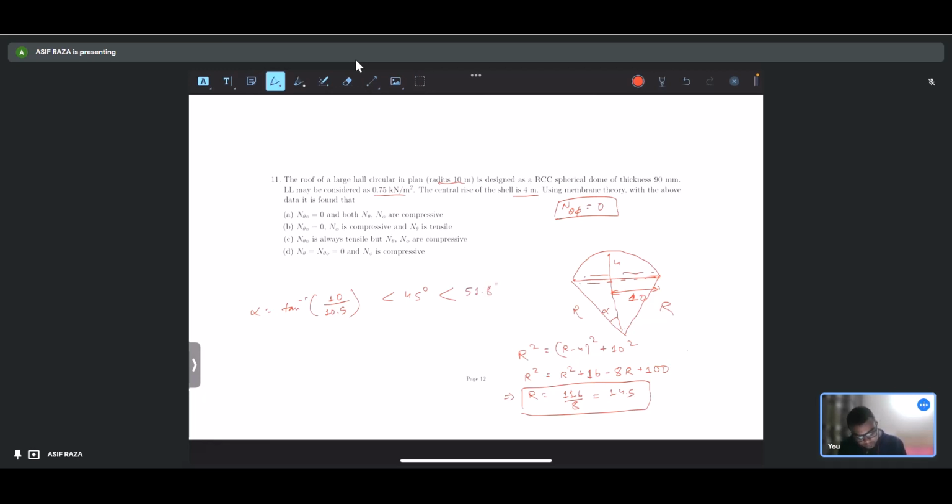So this gives that my N phi at all levels, N phi and N theta would be compressive in nature. The correct option is option A.